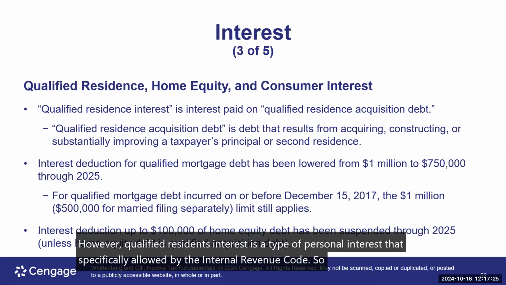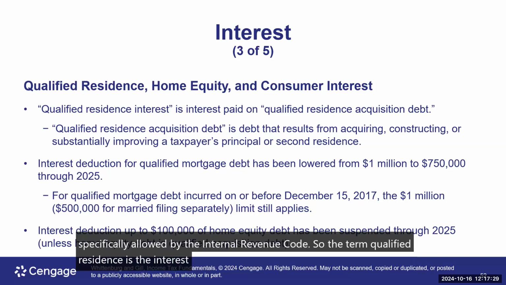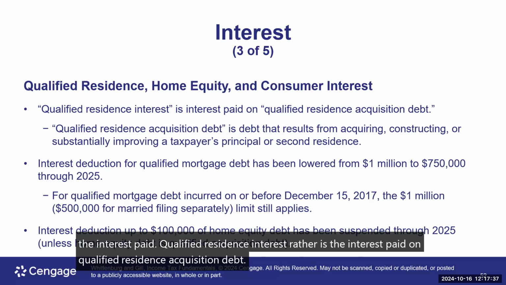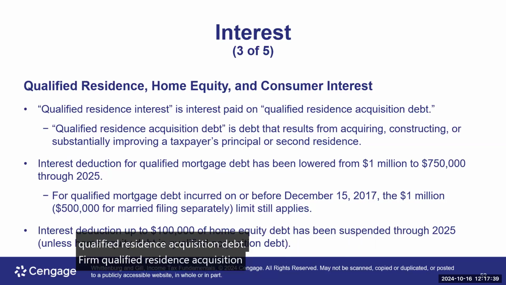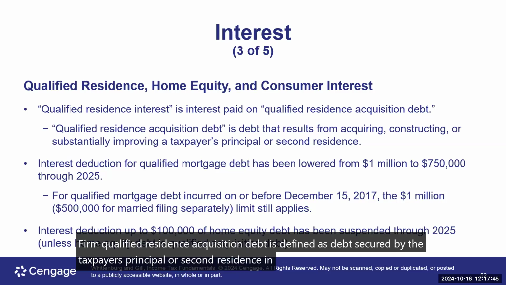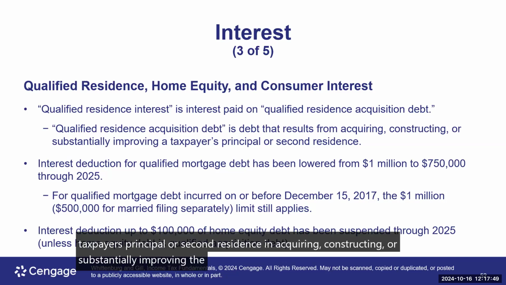Qualified residence interest is the interest paid on qualified residence acquisition debt, and the term qualified residence acquisition debt is defined as debt secured by the taxpayer's principal or second residence in acquiring, constructing, or substantially improving the residence.